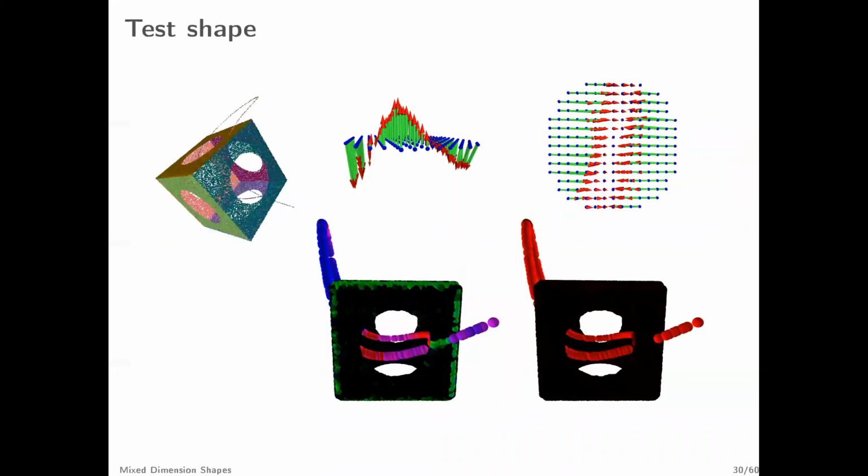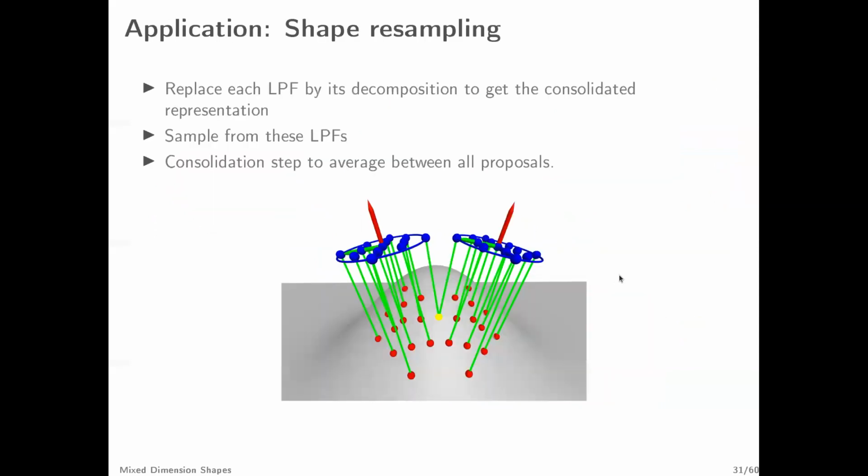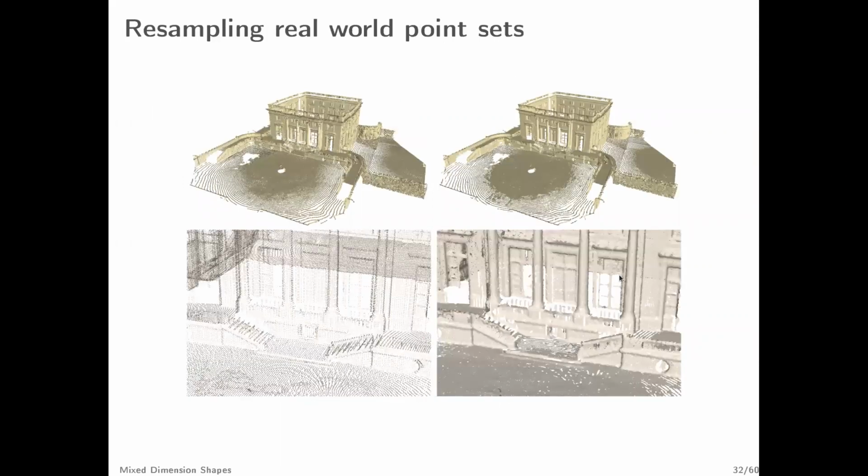Okay, so that's good for analysis too. If you take this hollow cube with a curve crossing it, and you look at what comes out of the decomposition, you'll have atoms that represent the edges, and atoms that represent the curve. And we can apply that to resampling. So you can resample point sets while keeping boundaries and trying to preserve small details.